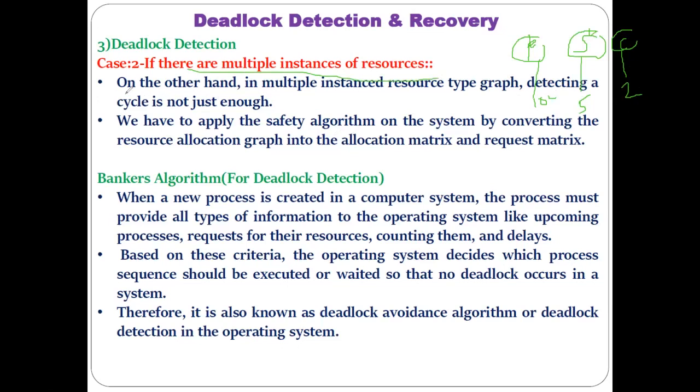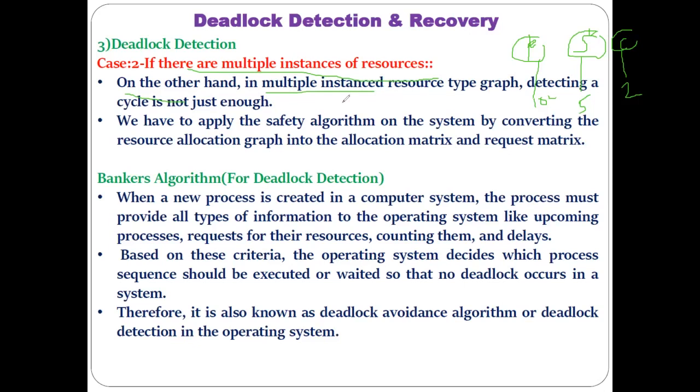So in the multiple instance resource type, only using the detection of the cycle is not enough for deadlock detection. Along with the cycle, we also have to confirm other things, and only by confirming those other things can we confirm whether deadlock has occurred or not.